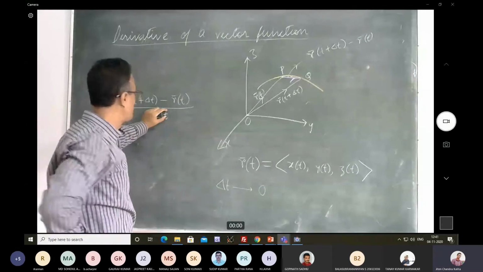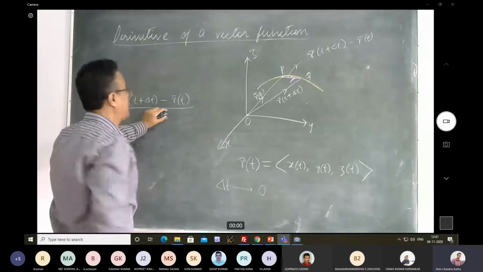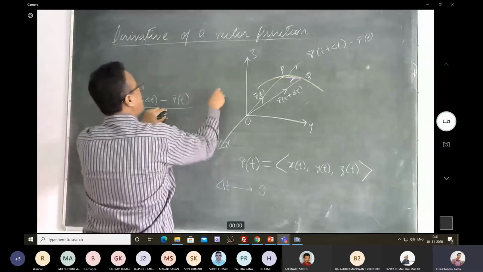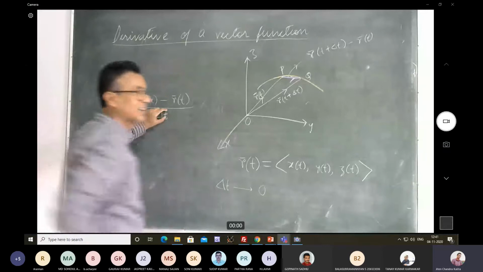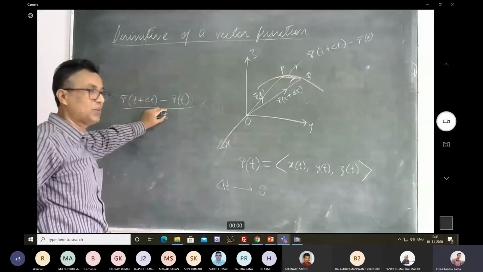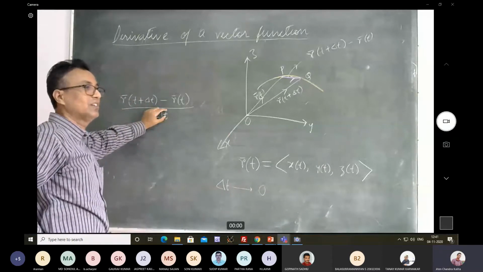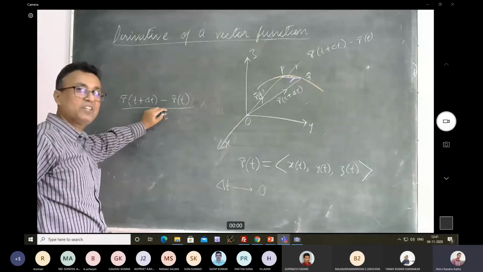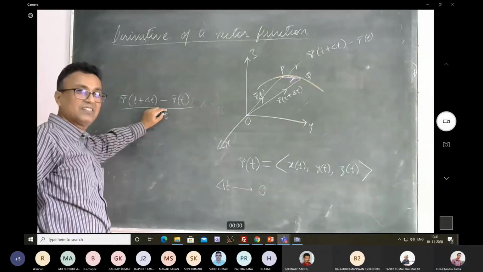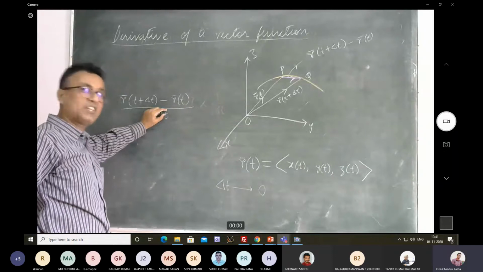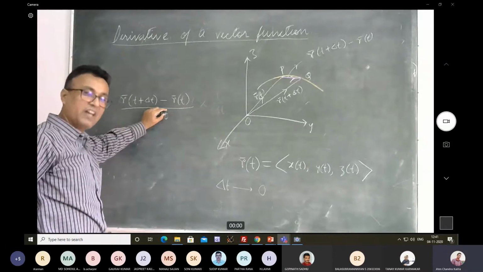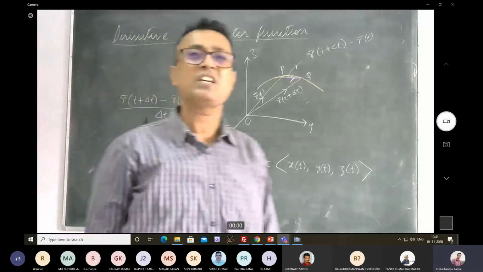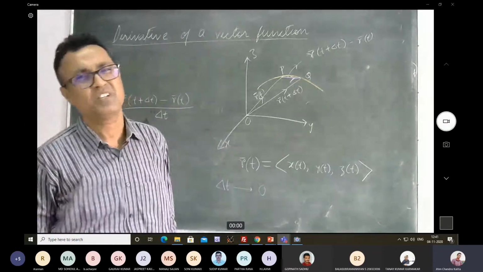If you multiply the vector PQ by 1 by delta t, you are likely to get a vector along the same direction as PQ, but the length of the vector is likely to be more than PQ or less than PQ.